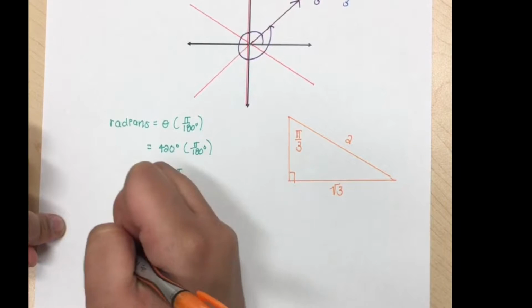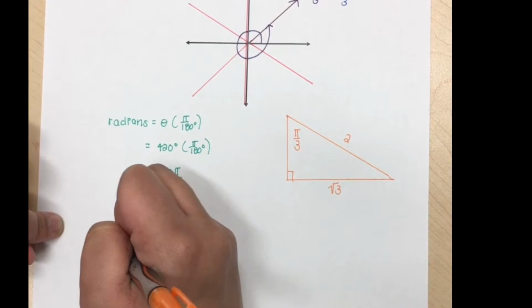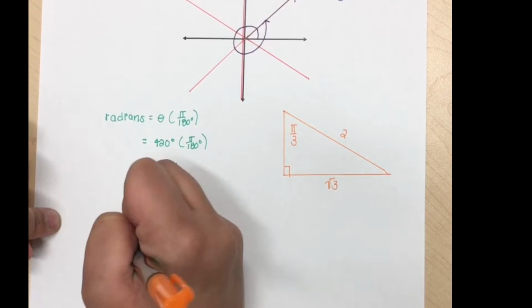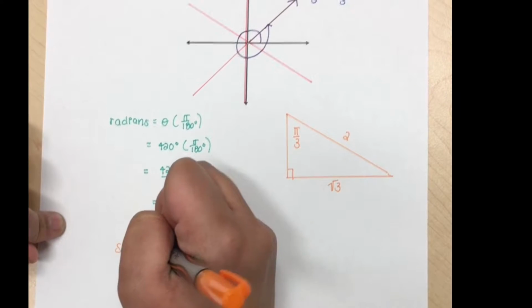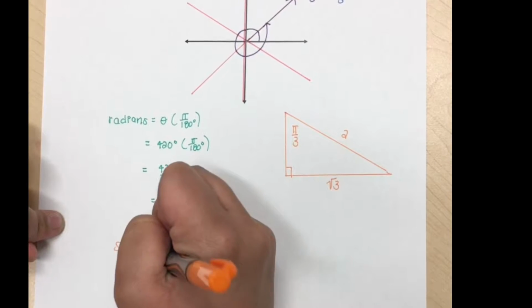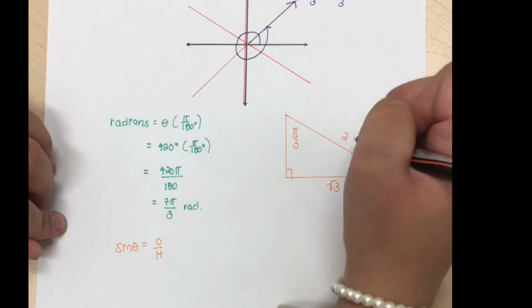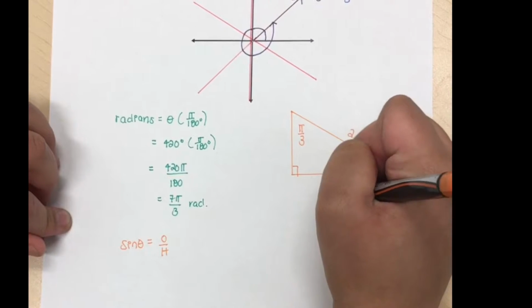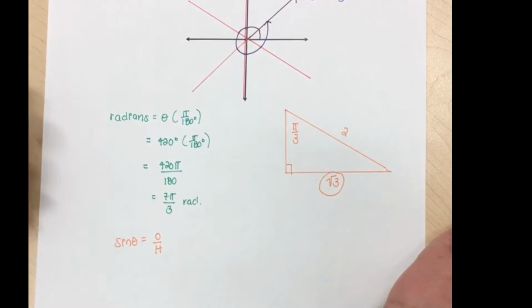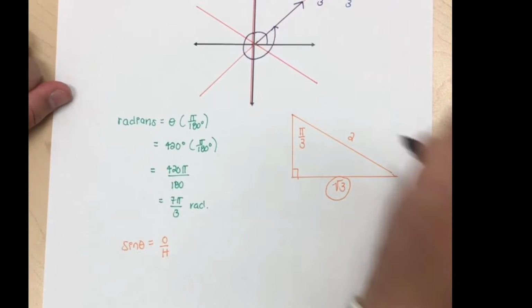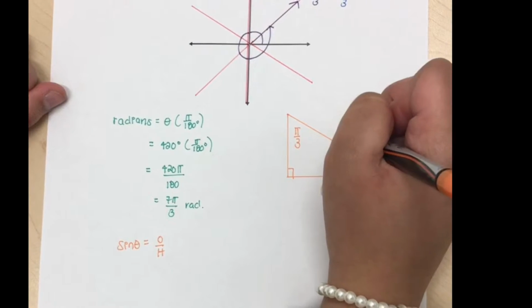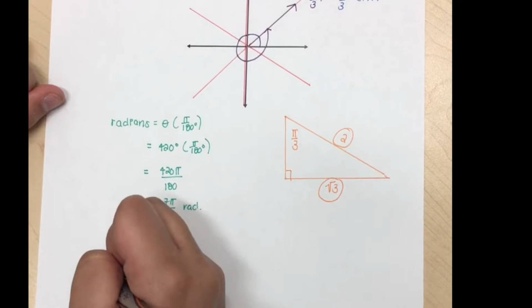Now, according to SOHCAHTOA, we know that the sine of an angle equals opposite over hypotenuse. If theta is equal to pi over 3, we must determine the opposite and the hypotenuse. The opposite side length from pi over 3 happens to be root 3. The hypotenuse for the triangle is 2. Opposite over hypotenuse equals root 3 over 2.